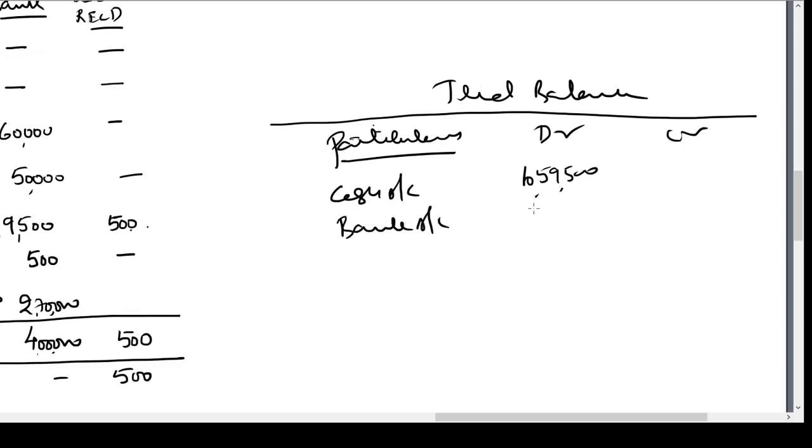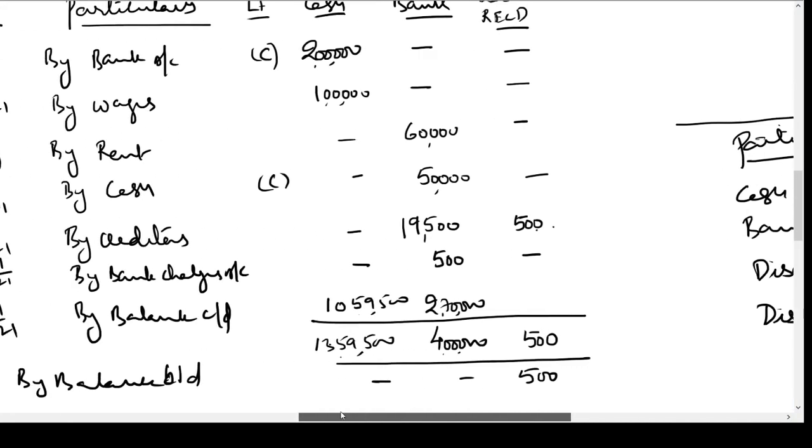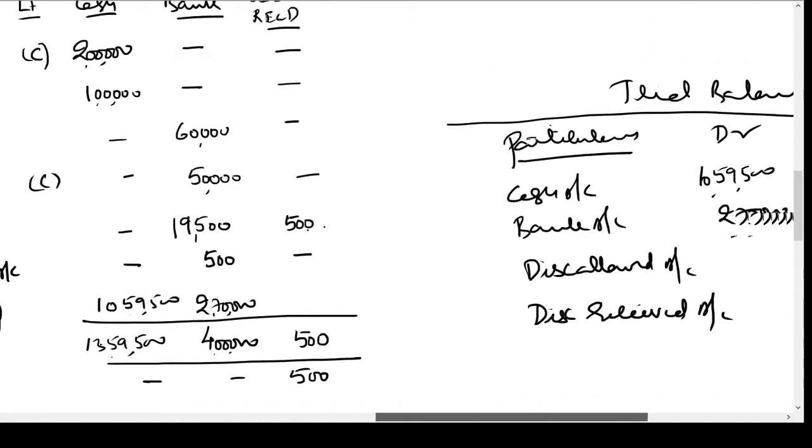Bank account has a balance of 2,70,000. Discount allowed account has a debit balance of 500. Discount received account has a credit balance of 500 rupees. So this is how the balances will be depicted in the trial balance.